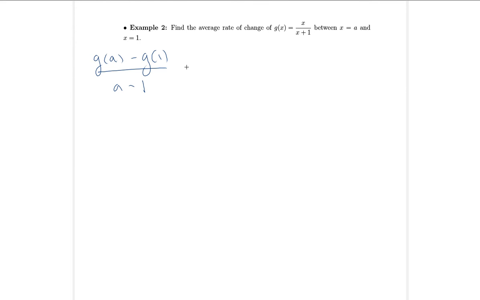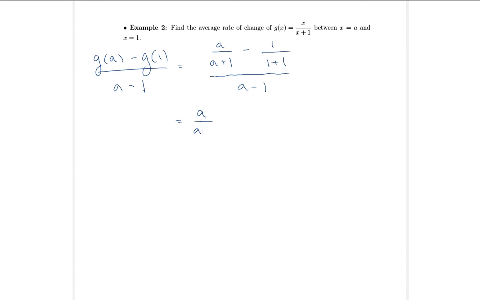All right, so we can go ahead and start plugging things in. So I'm just going to plug a in everywhere I see an x. So a over a plus 1 minus, okay, now I'm going to plug a 1 in everywhere I see an x, 1 over 1 plus 1, all divided by a minus 1. Of course, this fraction I can do better with, right?